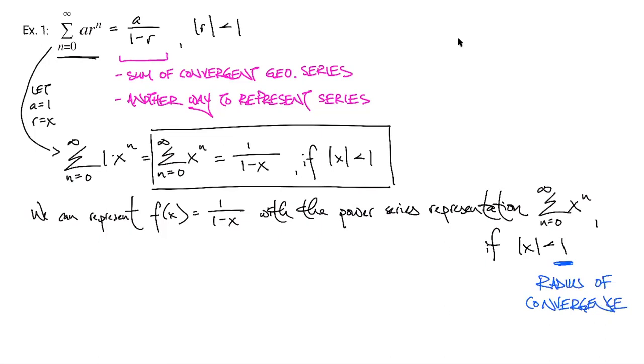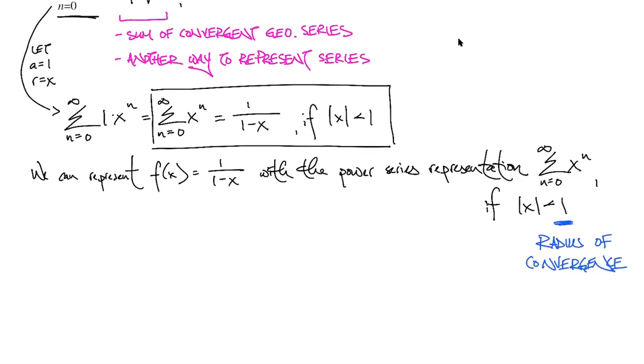When we look at a bunch of functions, today we're going to be looking at a lot of functions that look like this. Our job is going to be to rewrite them in some sort of power series representation, meaning we're given a function, but we want to write it as an infinite series.